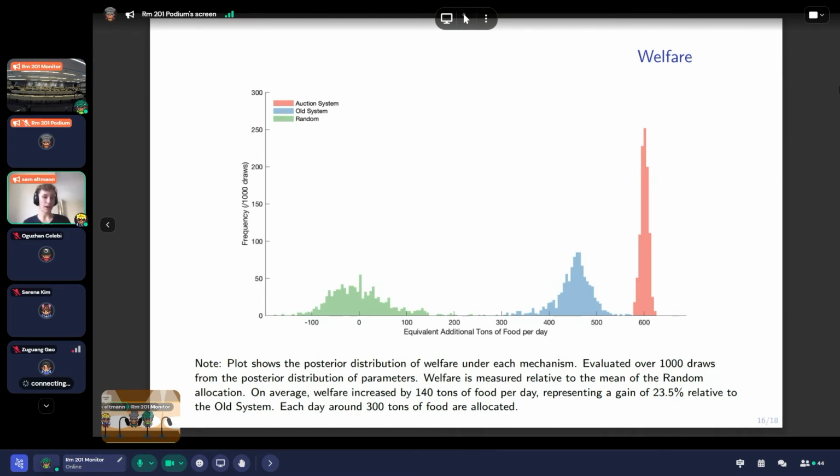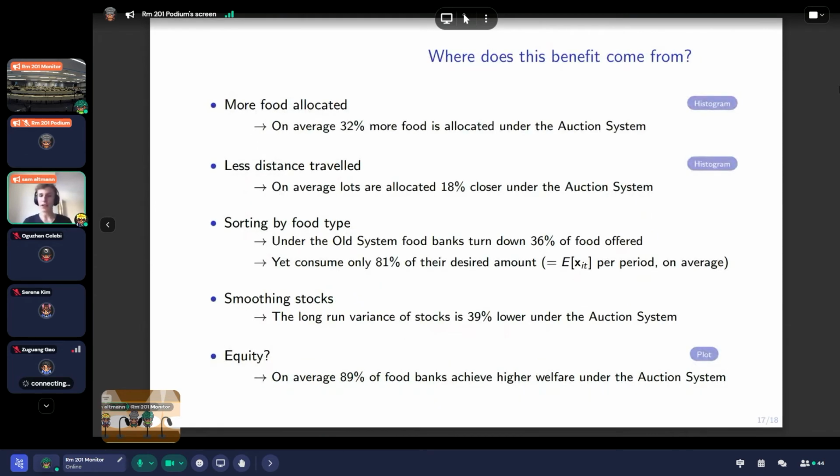But importantly, both welfare under the old system and under the auction system are much higher than under a purely random allocation, which basically just says that the benefit of giving food banks even a little bit of choice is extremely high.